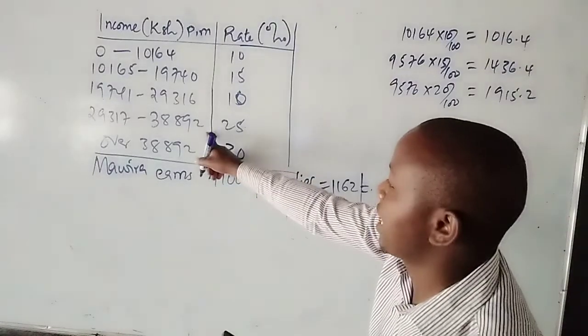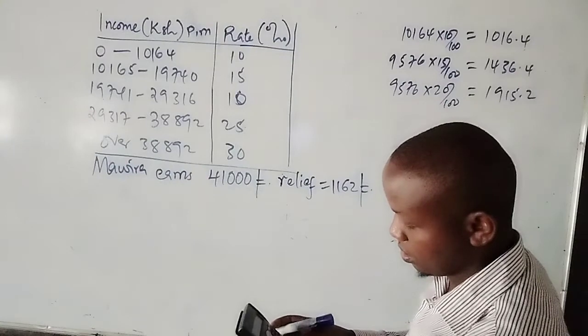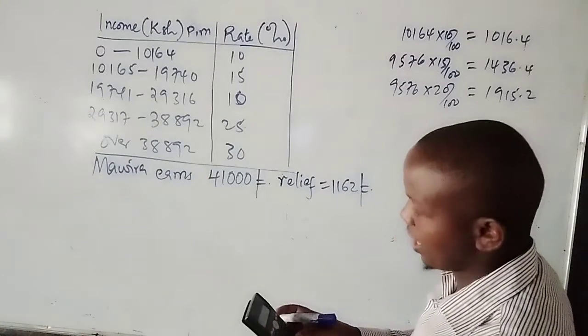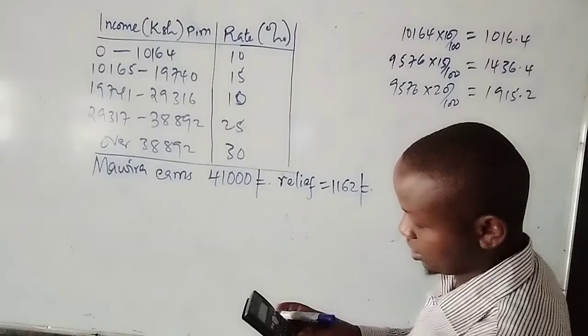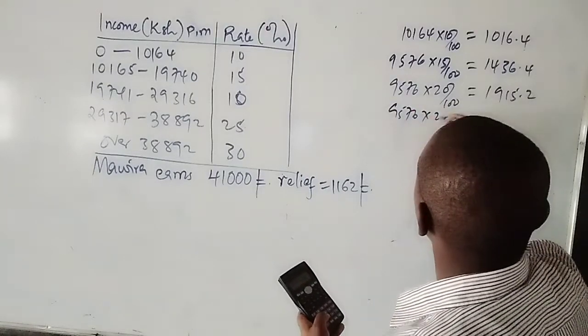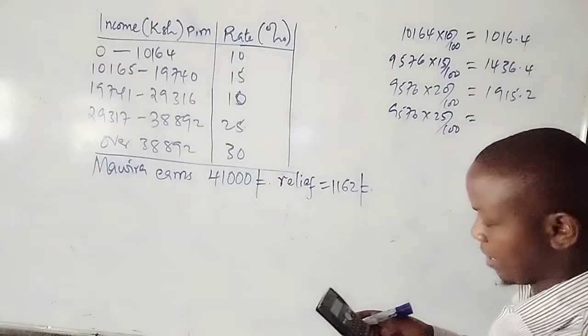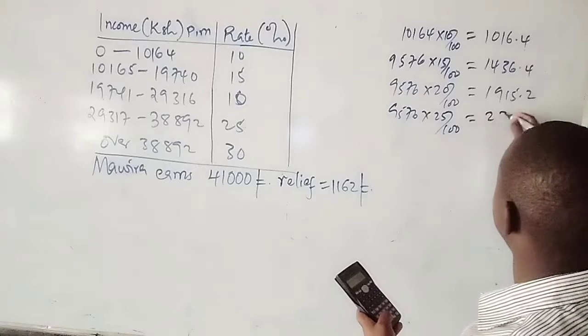Then in the next bracket, 38,892 minus 29,316 gives the same amount at a rate of 25%, which is 2394.